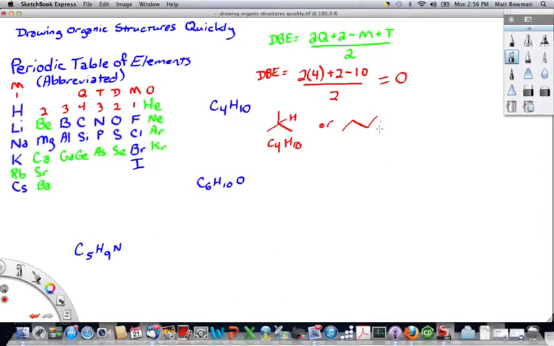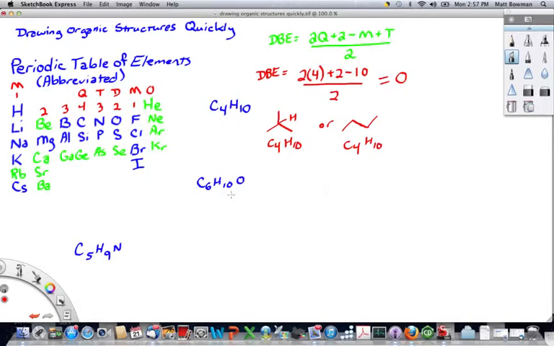Or here, we have the 4 carbons, and then we have 3 hydrogens here, 2 hydrogens there, that's 5, plus 2 hydrogens here, that's 7, plus 3 hydrogens here, that's 10. So C4H10. These 2 match that.